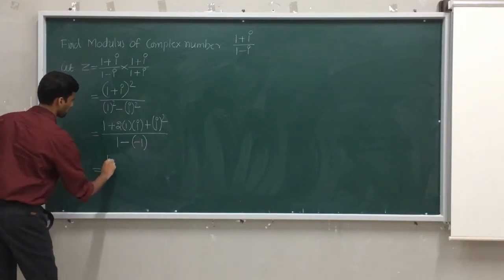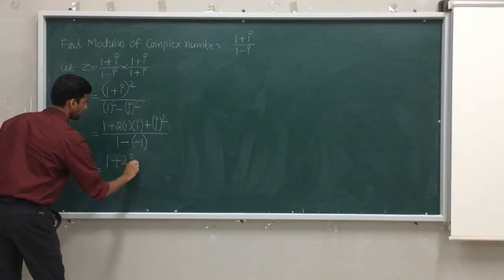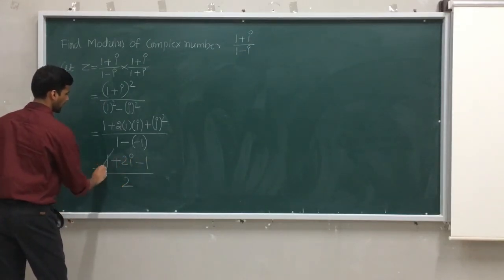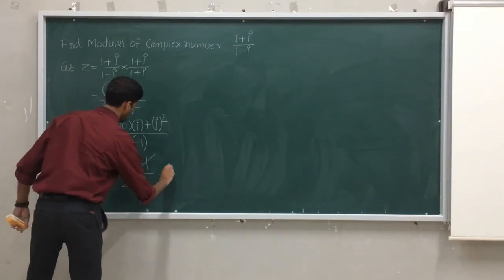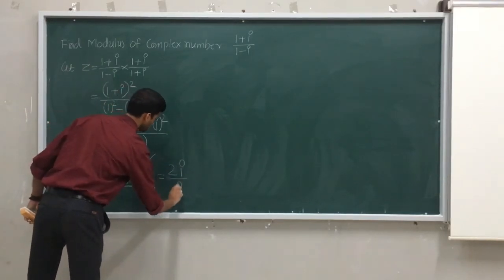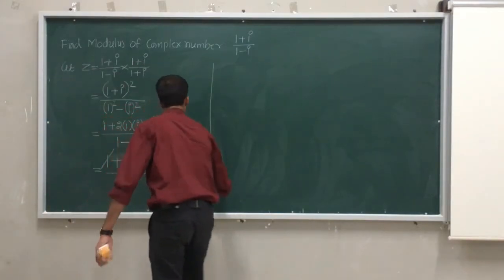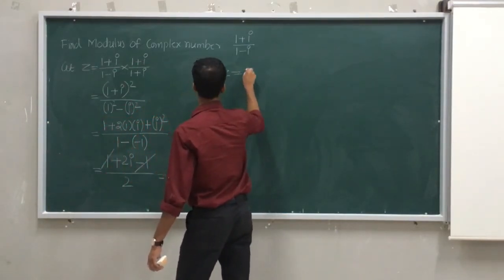So the numerator becomes 1 plus 2i, i square is minus 1, divided by 1 plus 1 which is 2. You cancel it, you get 2i by 2 is i.